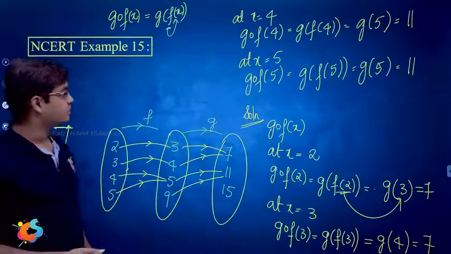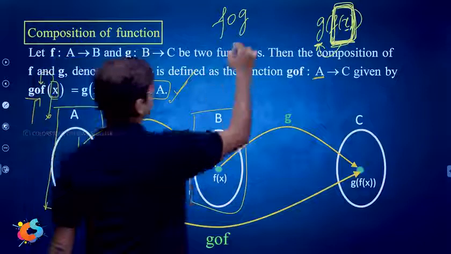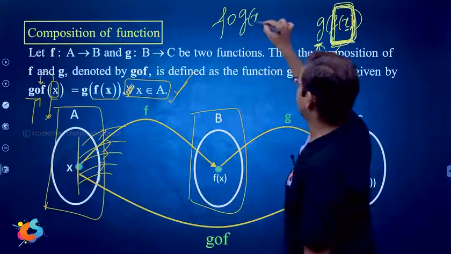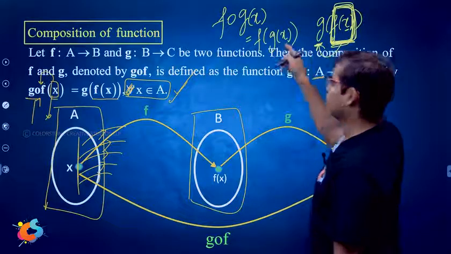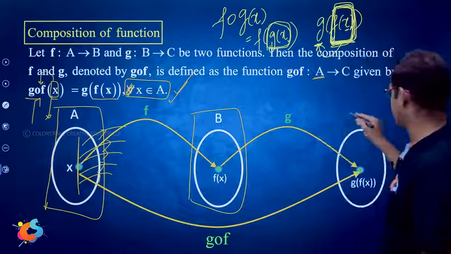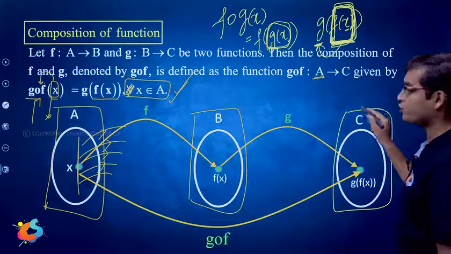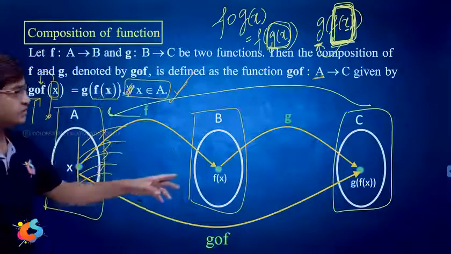Now let us come here. If you are seeing here, let us say, f circle g of x, now this will be f of g of x. So the outputs of g of x should be there in the domain of f, which is not happening here. Is it clear?